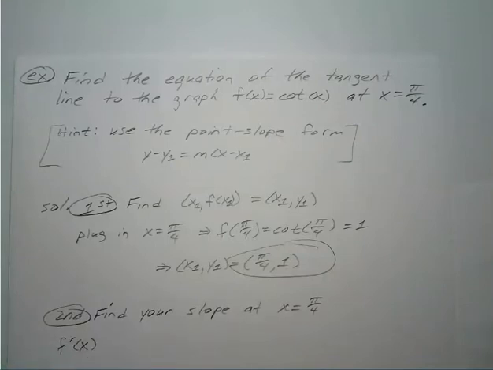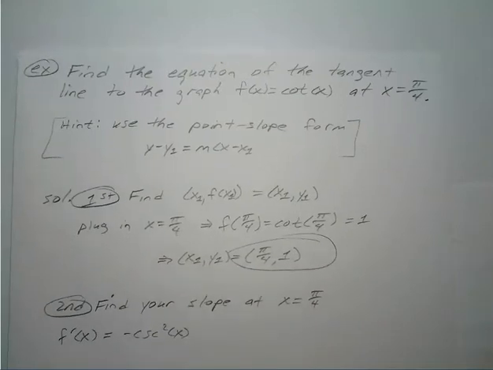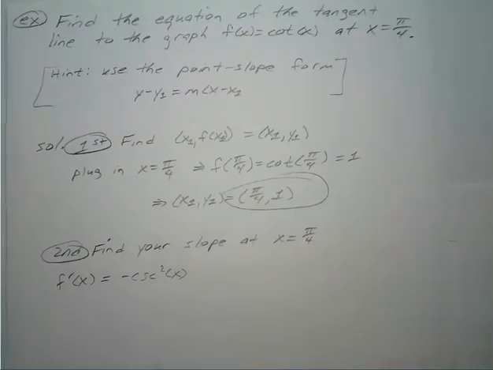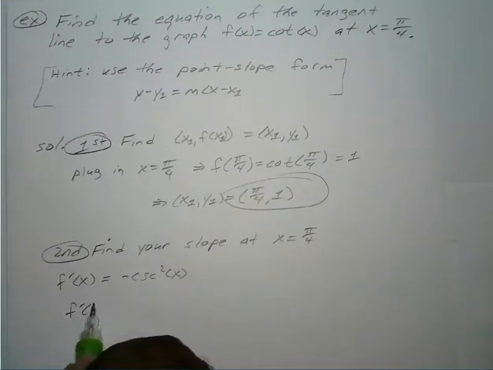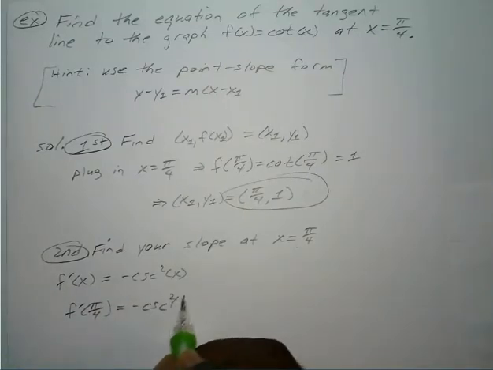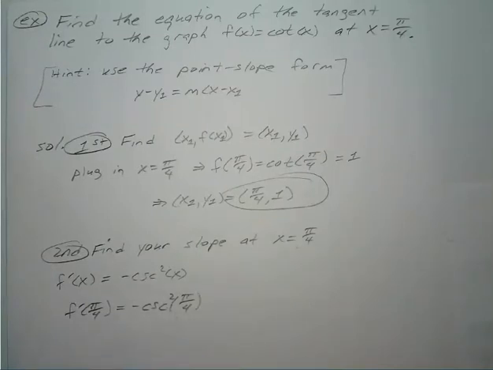So f prime of x is equal to negative cosecant squared. So at pi over 4, f prime of pi over 4 is equal to negative cosecant squared of pi over 4, which is equal to negative 2. F prime of pi over 4 is equal to negative 2. That's your slope.